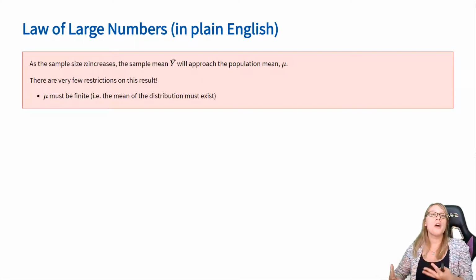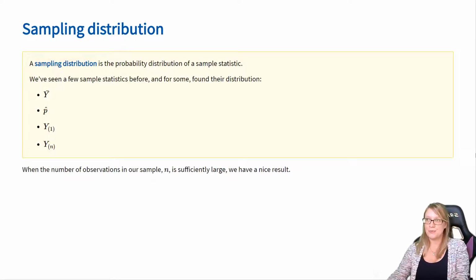Now, this is one of those statistical concepts that gets abused out in the real world. People say, well, according to the law of large numbers, x is guaranteed to happen. Well, yes, if your x that's guaranteed to happen is the sample mean approaching the population mean. So this is a very particular result.